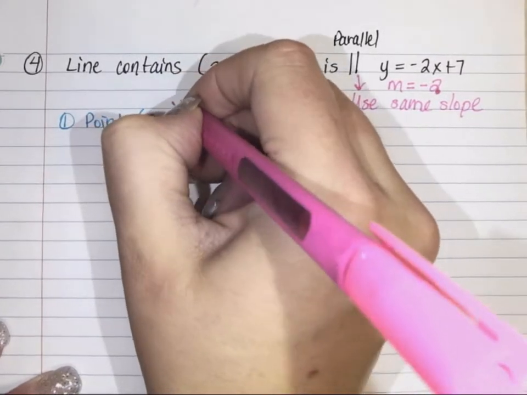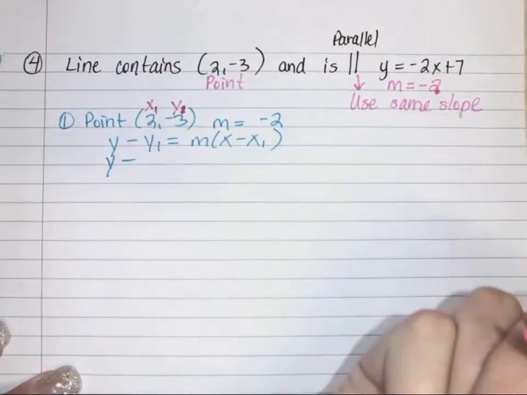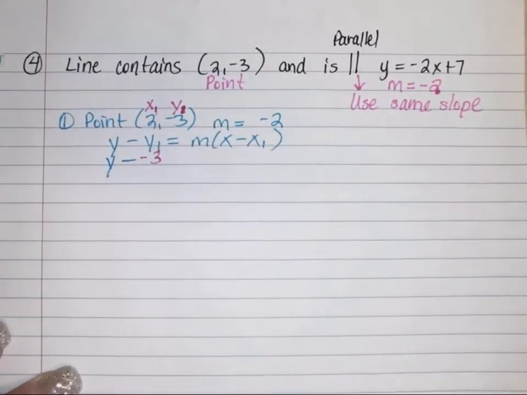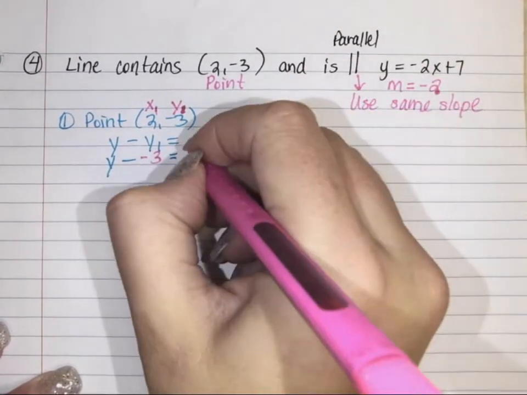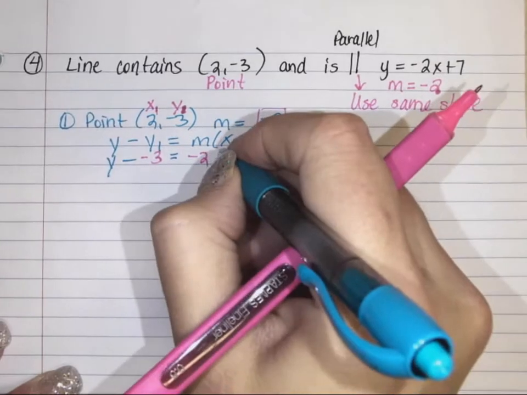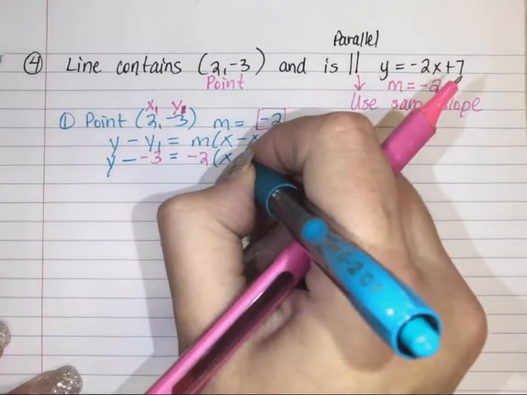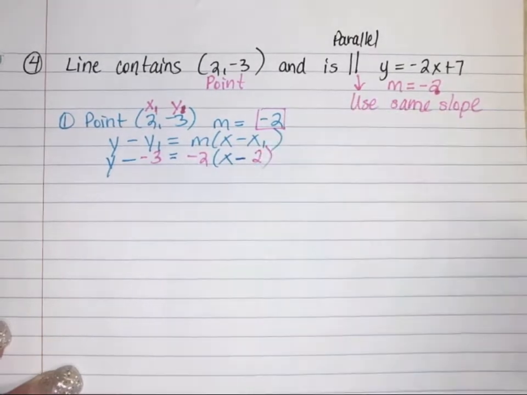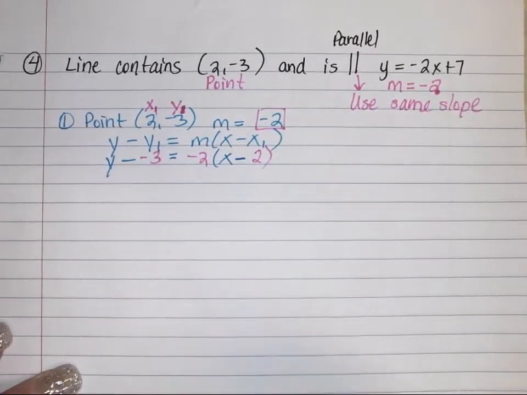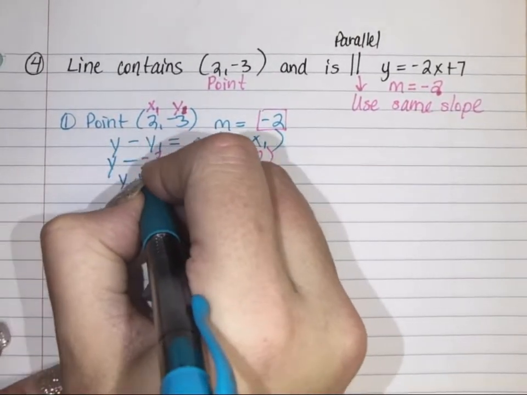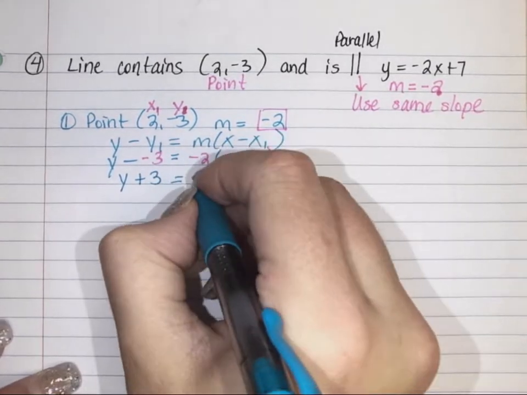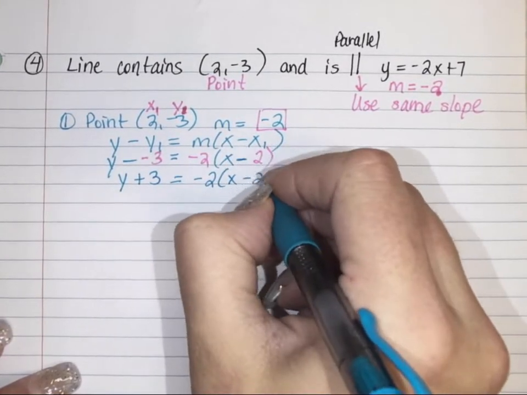This is your y1. This is your x1. Plug in slope for m. And then go through and simplify. So y plus 3 equals -2 times x minus 2.